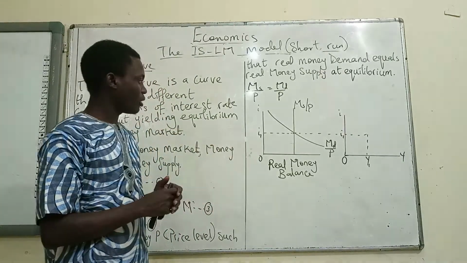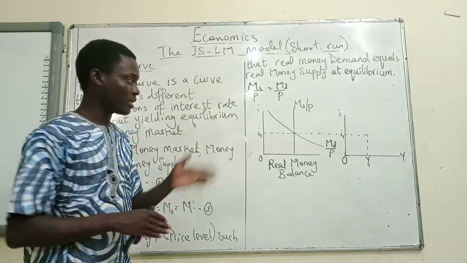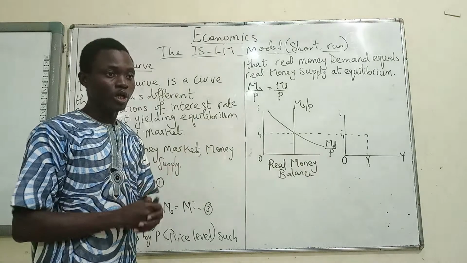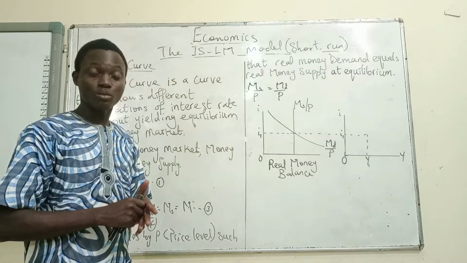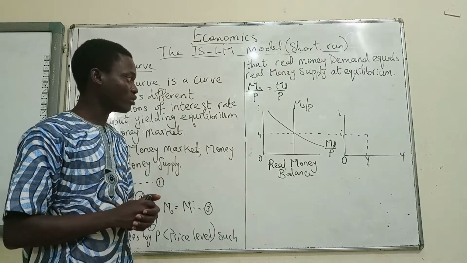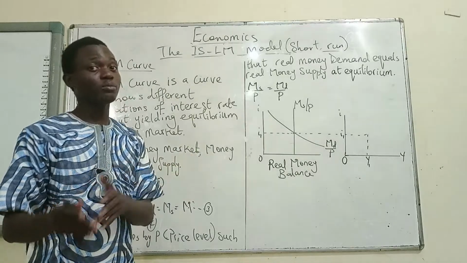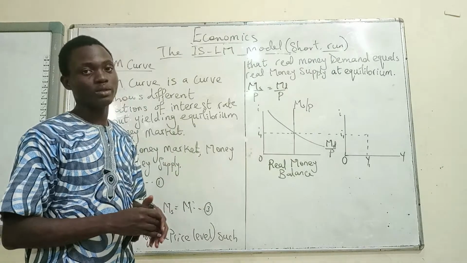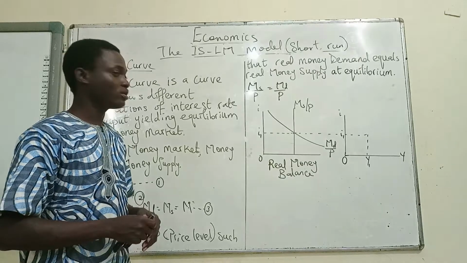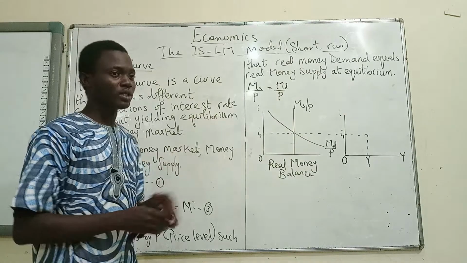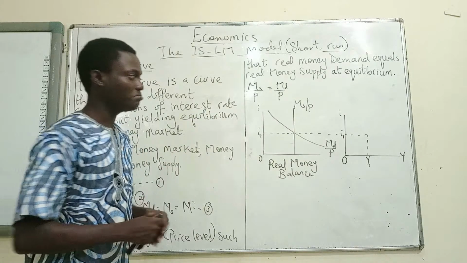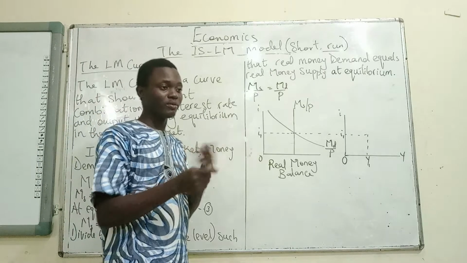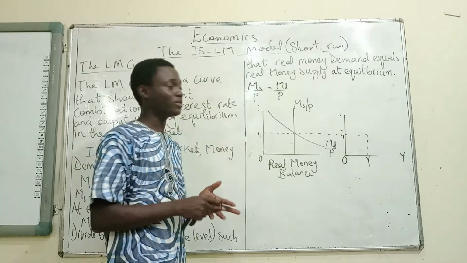So we're talking about how money demand is related to the interest rate and as well income. We have the transactionary demand for money, the speculative demand, and the precautionary demand for money. The speculative demand for money is negatively related to the interest rate.